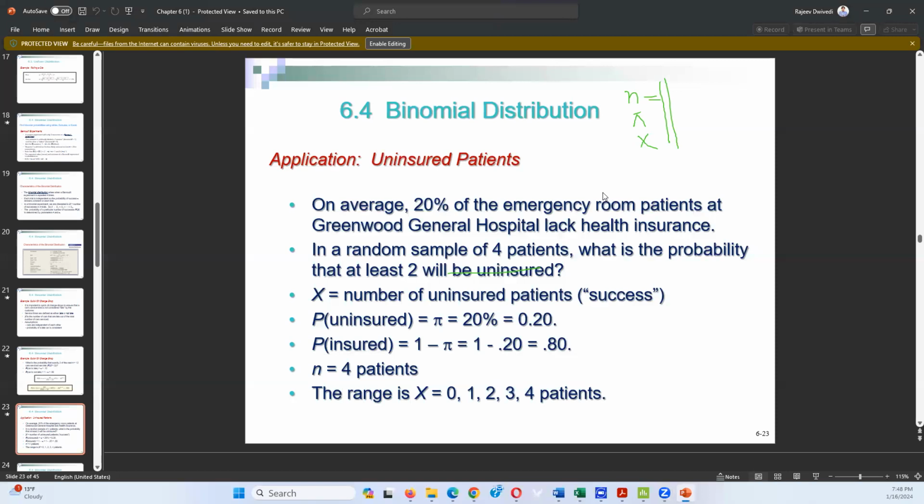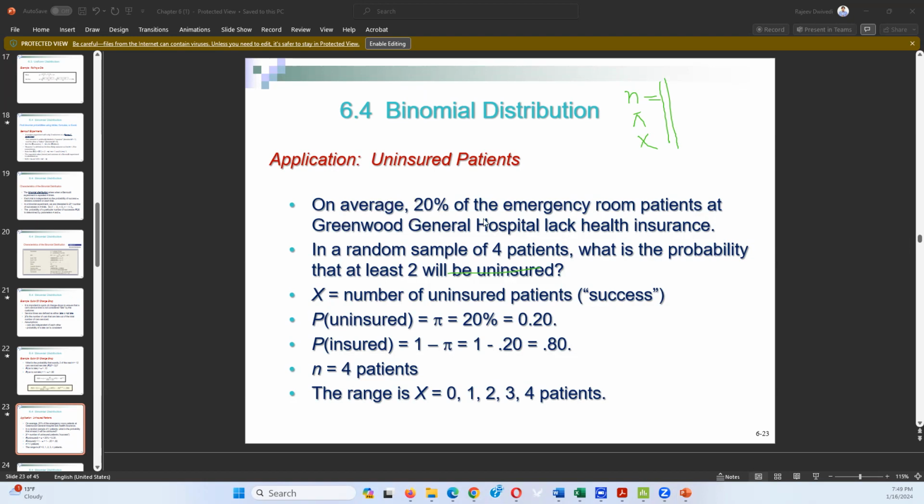Here is another example. On average, 20% of emergency room patients lack health insurance. So 80% have insurance and 20% don't. You can understand two probabilities: yes, no, success, failure, 0, 1.